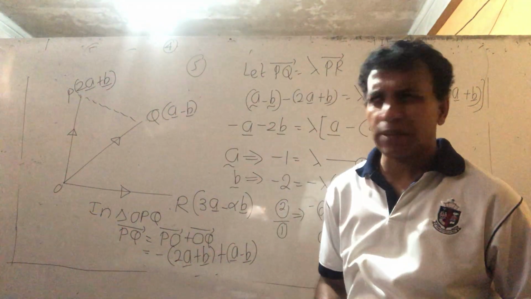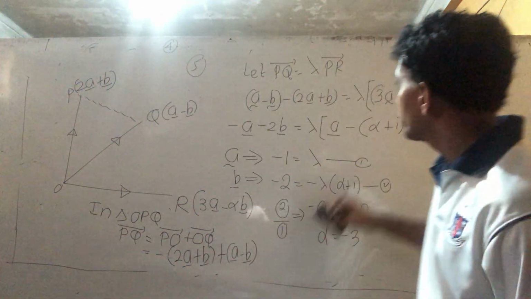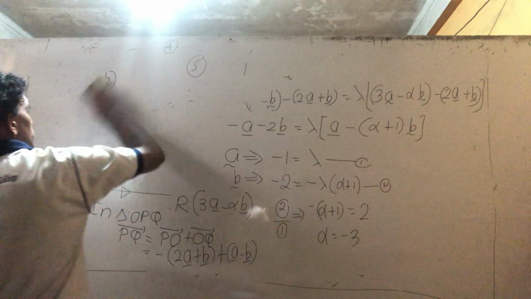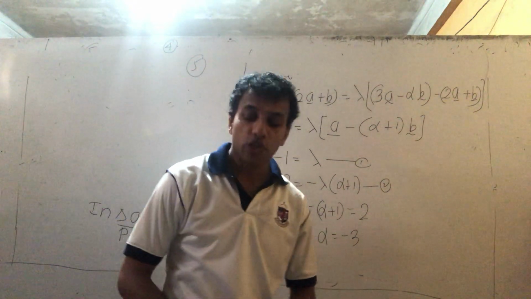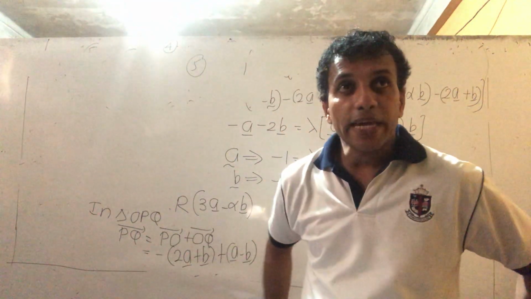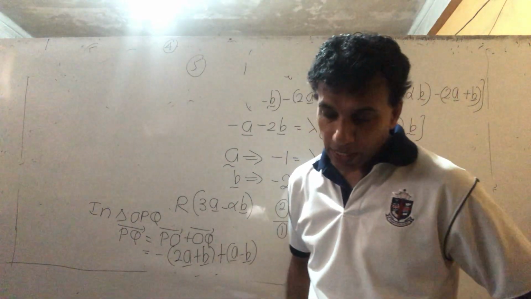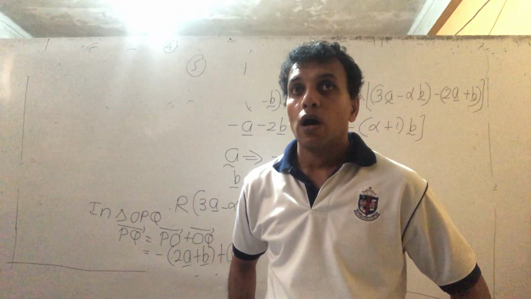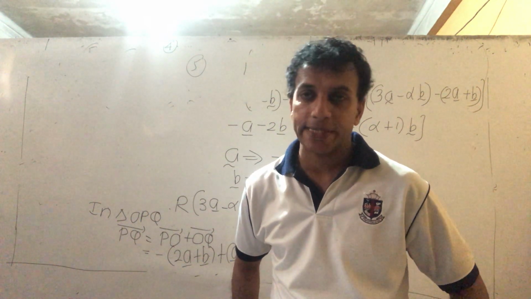Problem number 5, the same as you can work, you try this problem. So write this question. Vector A and vector B are two non-zero, non-parallel vectors.